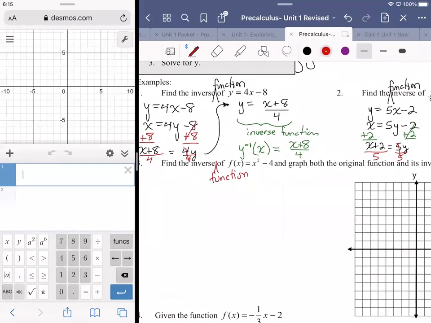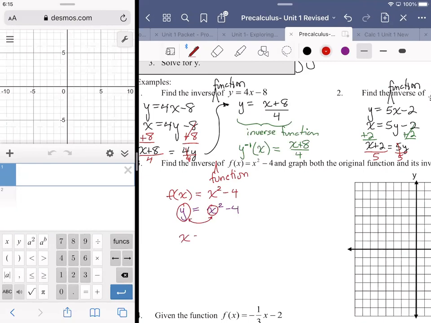of that thing. All right, so f of x is equal to x squared minus 4. First step in the process is we replace the f of x with a y. All right, then we switch the x with the y. So x and y swap for one another.